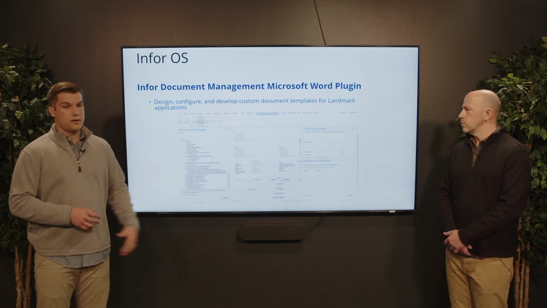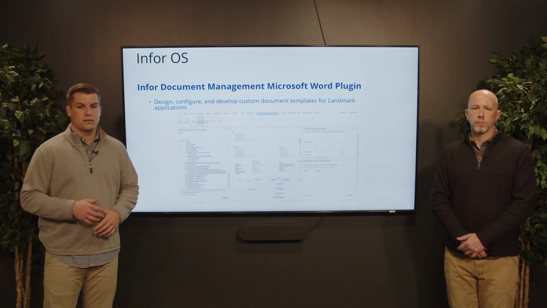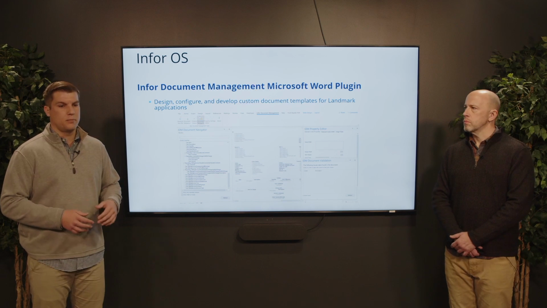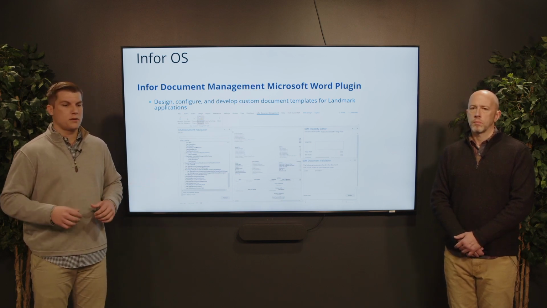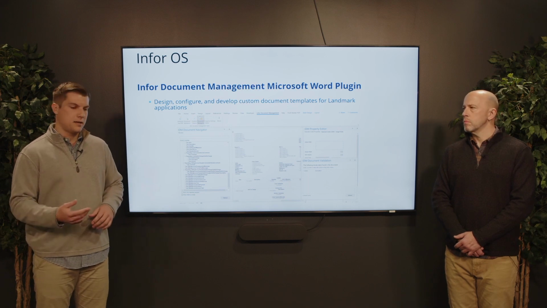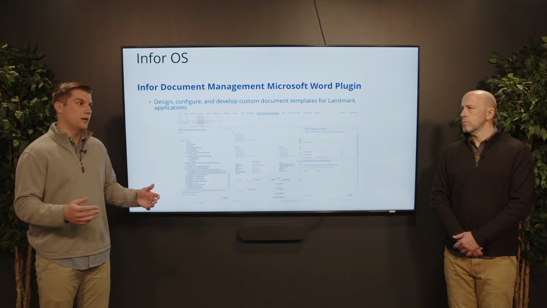Just some other features here that are actually pretty cool. Generating the test PDF is the biggest time saver from a development perspective. Otherwise, you're having to make a change, upload the document into the system, generate a test record, bring the document up, print it, and then repeat altogether.